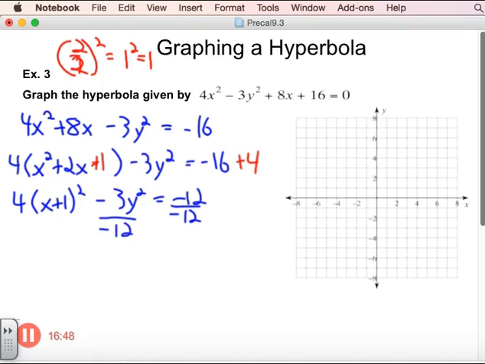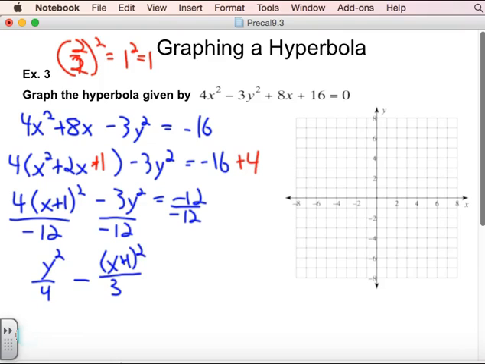Notice it changes which one is positive and which is negative. Now the y is positive, so we put it at the front: y squared over, and 3 over 12 reduces to 4, since negative over negative makes it positive. The other one becomes negative, and 4 over 12 reduces to 1 over 3. So we have 3 on the bottom, and up here we have (x plus 1) squared over that, equals 1.